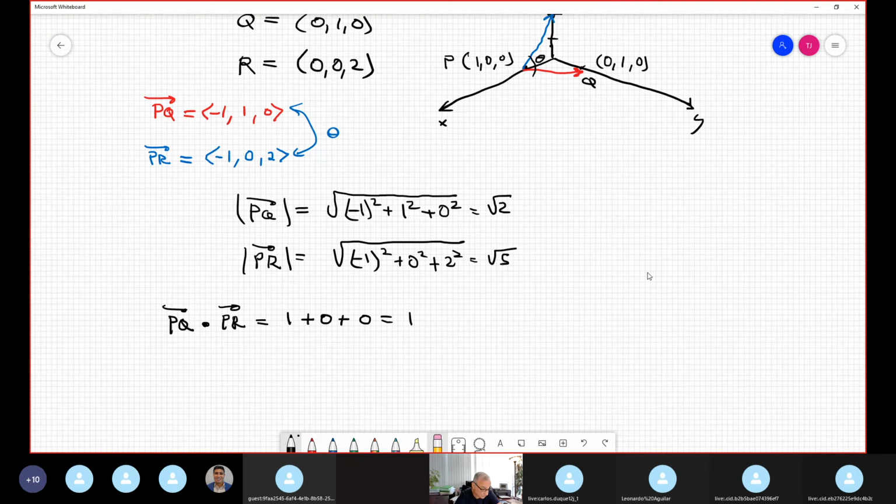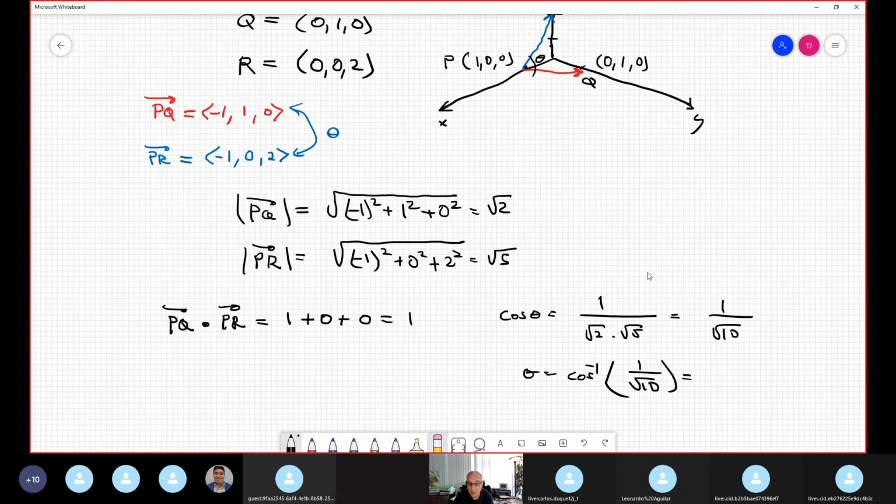Okay, entonces the angle in between, the formula: cosine theta is 1, que es the dot product, divided by the magnitudes, radical 2 times radical 5, radical 10. Now theta is equal to cosine inverse of 1 over radical 10. Put in the calculator, it is 71.5 degrees.